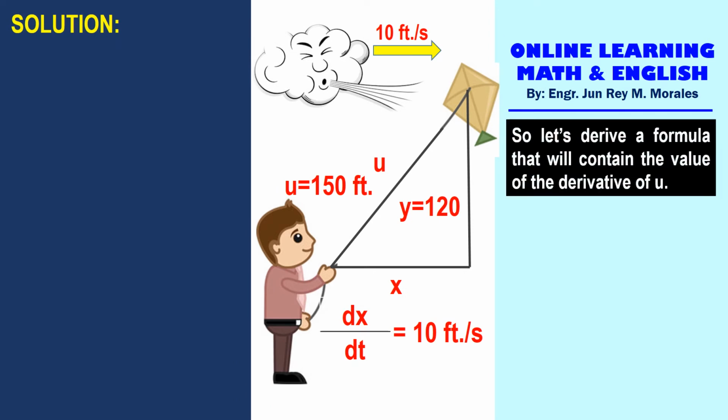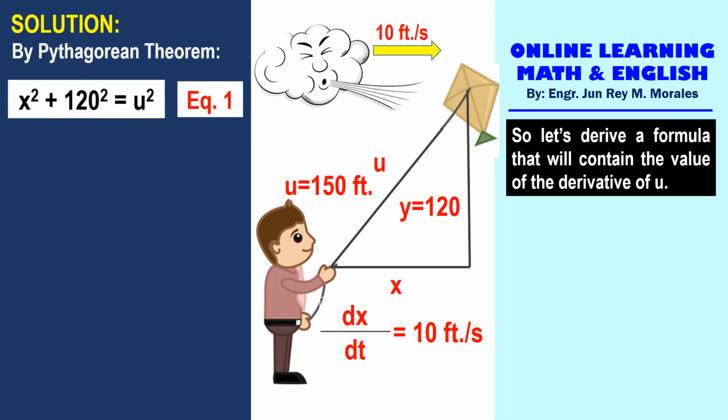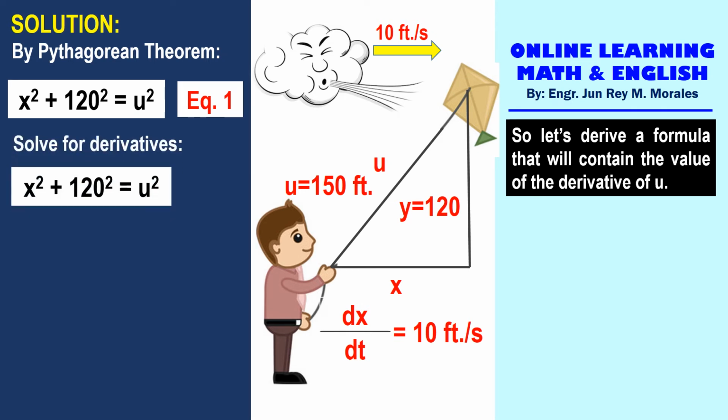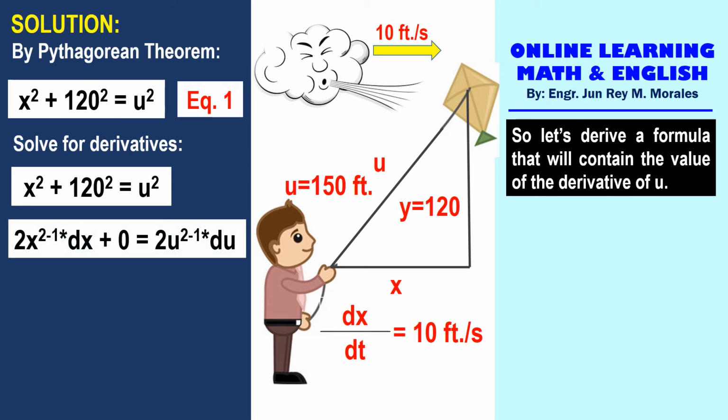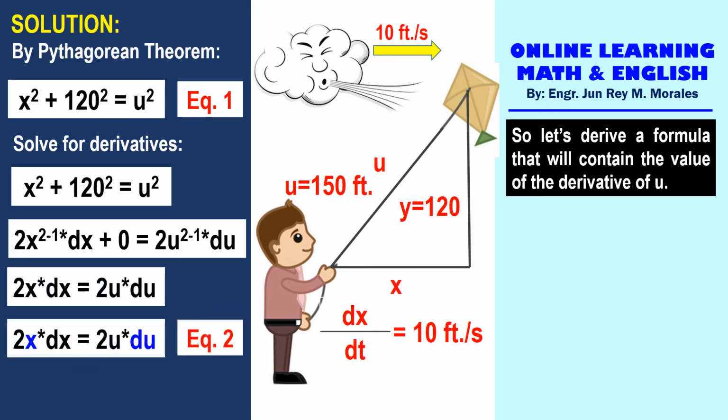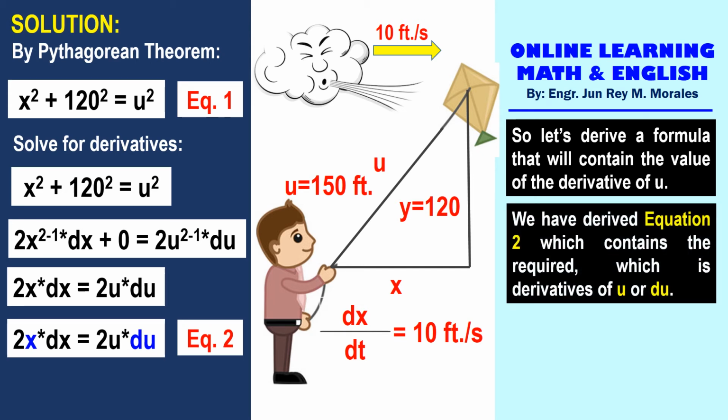So let's derive a formula that will contain the value of the derivative of u. We have derived equation 2, which contains the required, which is the derivative of u, or du.